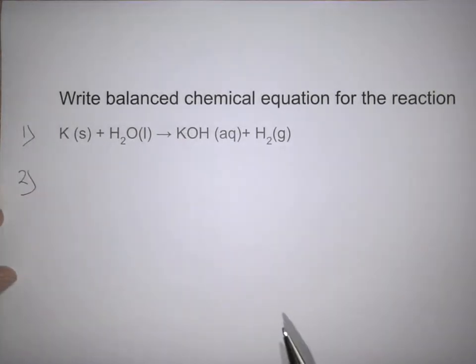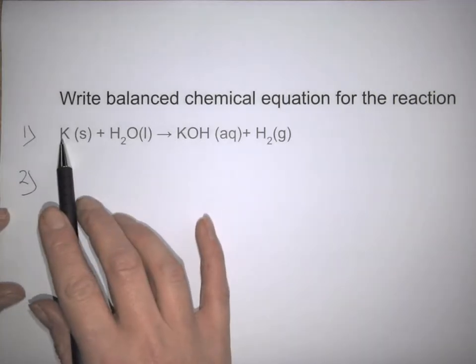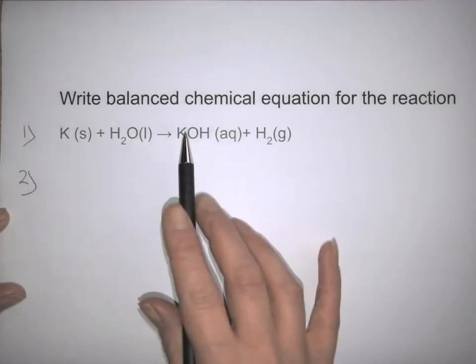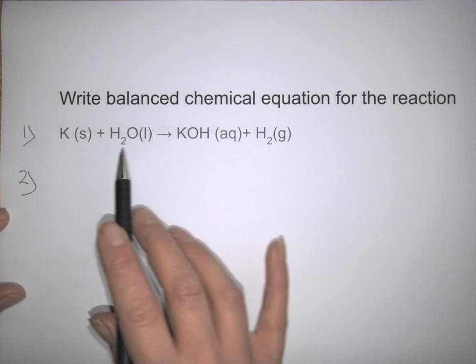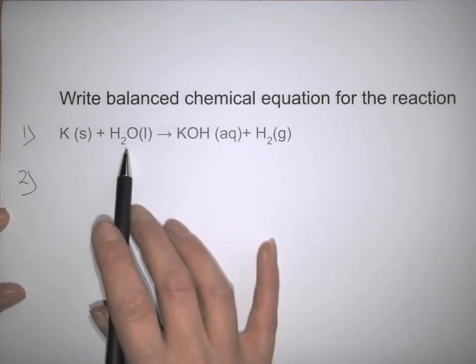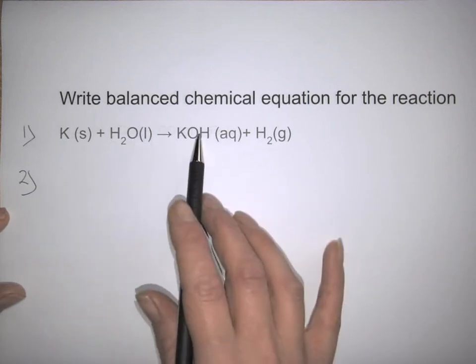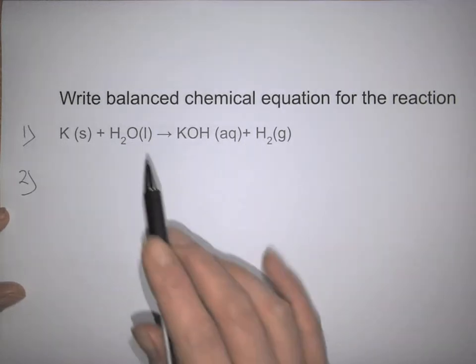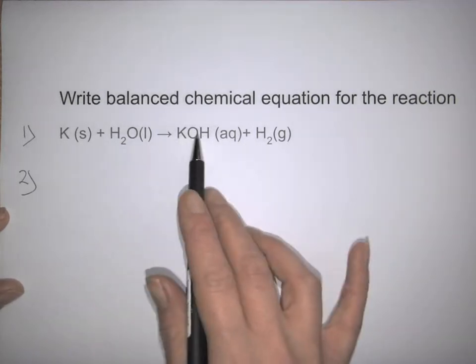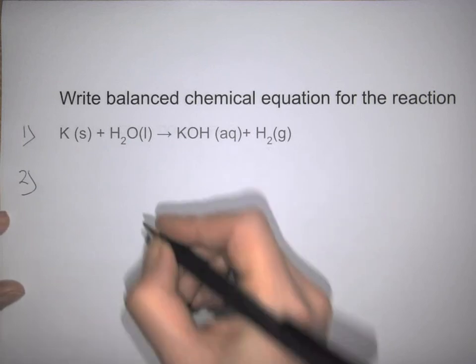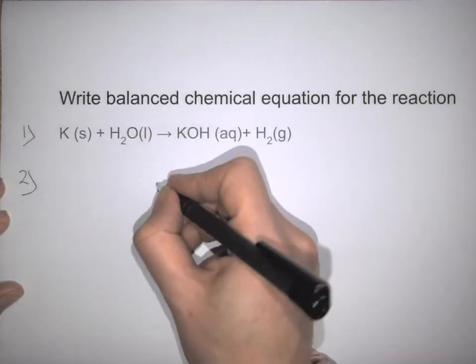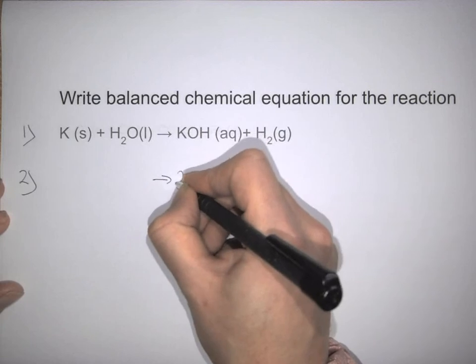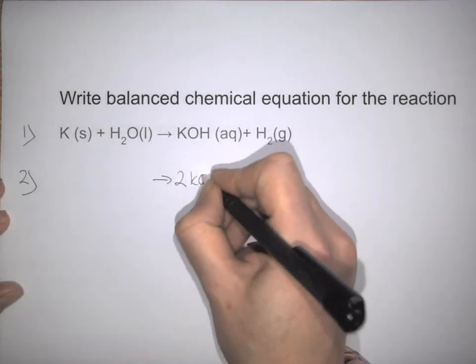Now we need to count how many atoms we have on both sides. We have 1 potassium here and 1 here, so that is okay. We have 2 hydrogen here, but we have 3 on this side, 1 plus 2 here. So that is not balanced, and we have 1 oxygen here and 1 here. So what we can do is work with equal amounts, because we need to do that here. My tip for you is to write a 2 in front of potassium hydroxide.